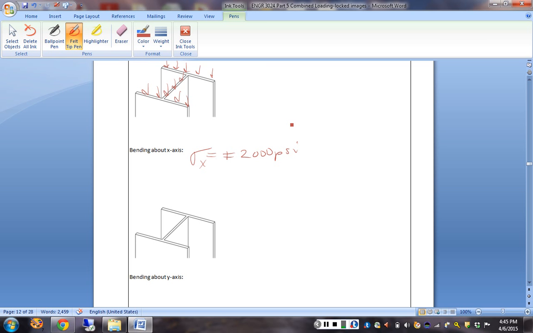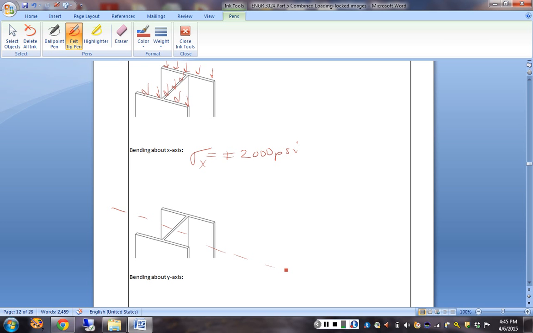Okay, so that's my neutral axis for bending about x. And what does that look like? Do I need to be compressive or tensile on this face? No, compressive. It's got to be compressive because that's where our load is.